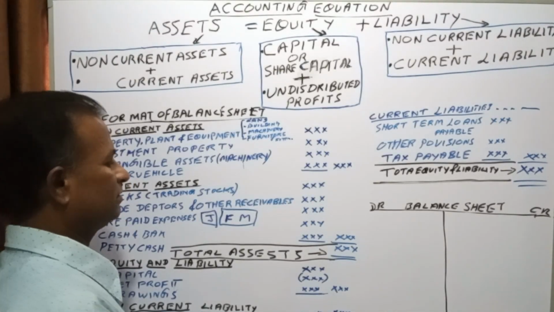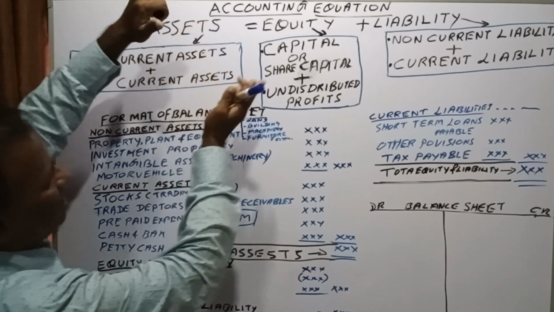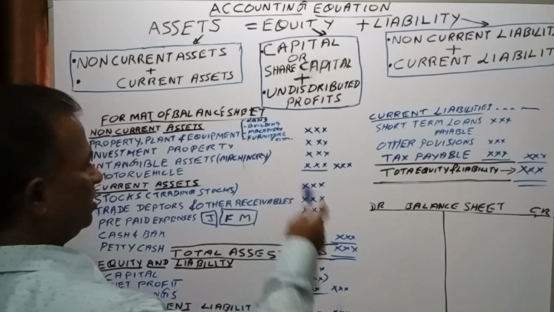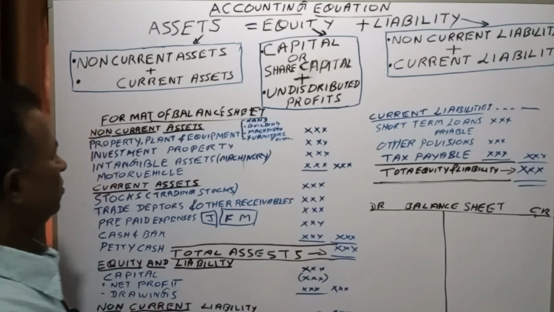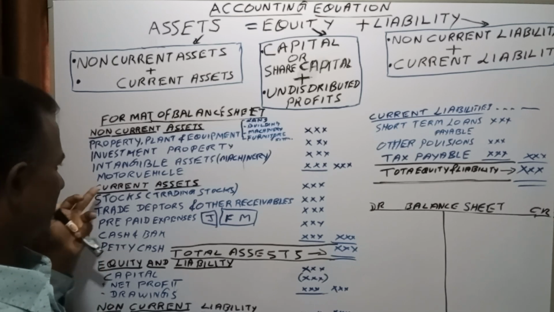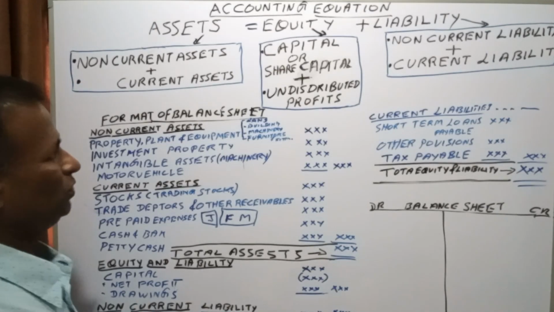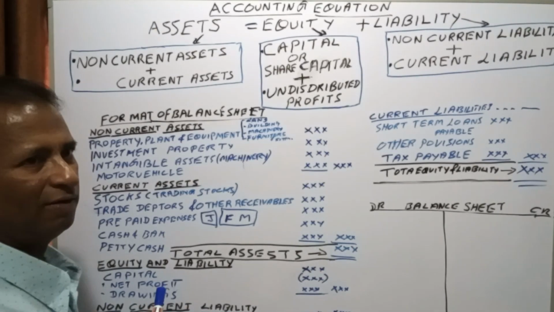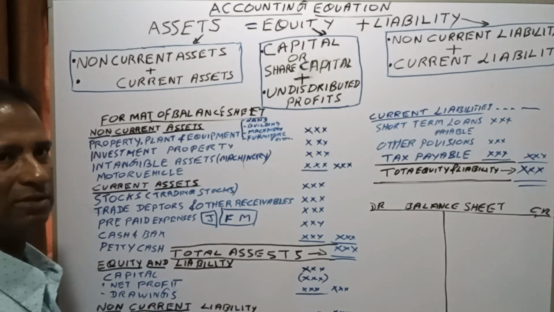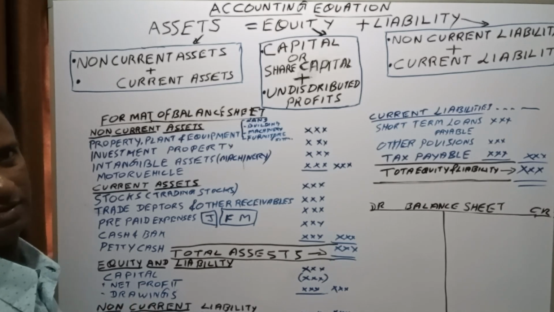The total assets should be equal to total equity and liabilities. Now we know what the non-current assets are and what the current assets are, and hereafter it will be easy for you to identify current assets, non-current assets, or assets in any transaction.